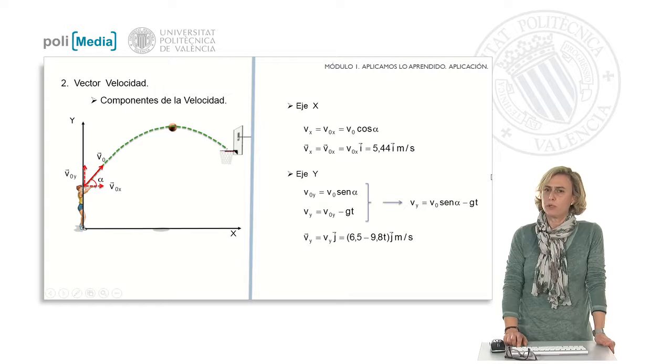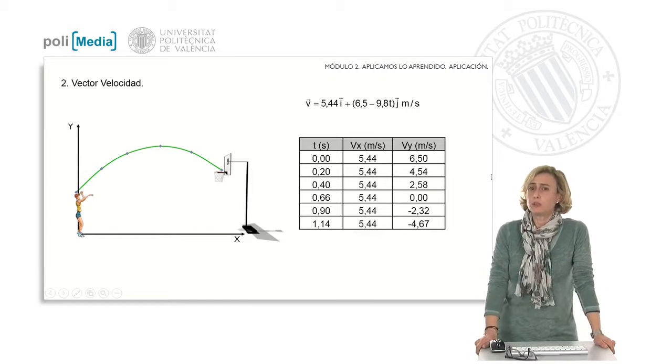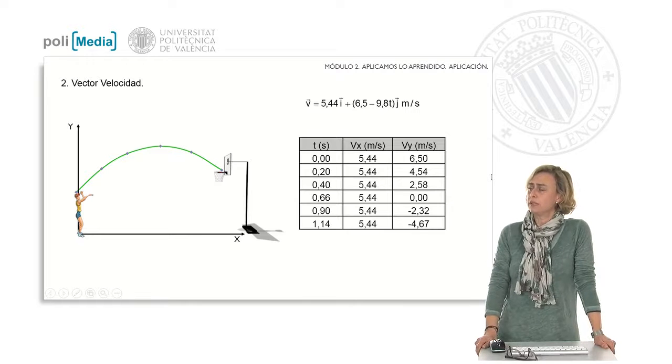Substituting values, we obtain the y component of the velocity. The velocity vector will be the vector sum of these vectors. If we want to find these components at different instants, we will give values to the time, and thus we will obtain each of the components.